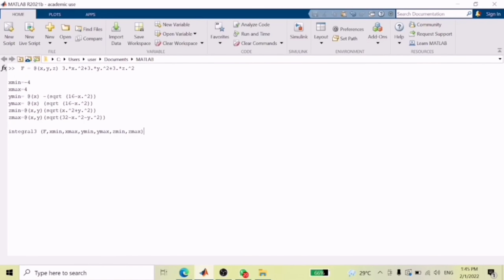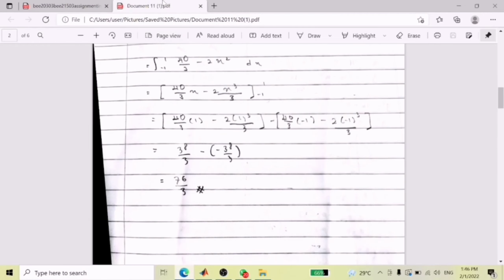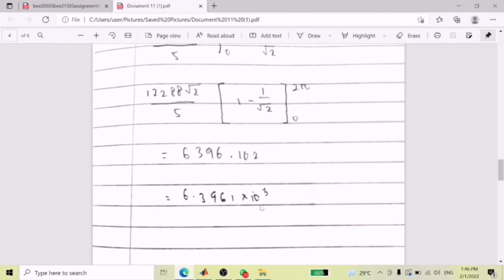I do this because it makes my calculation easier, because if I write this equation in integral 3 this, it is probable I can make some mistake, and it is difficult to check which part I made the mistake. This is the answer. We check in our manual calculation. We get the same.